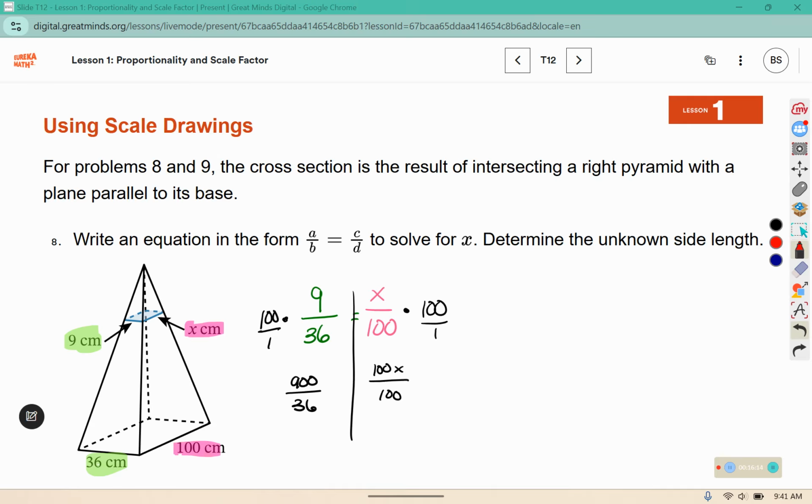Now we can simplify those fractions. 100x divided by 100 is just a single x, and 900 divided by 36 is 25. So x is 25, which means the unknown side length is 25 centimeters.